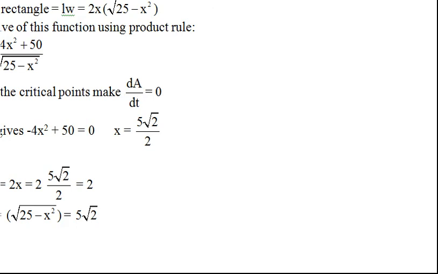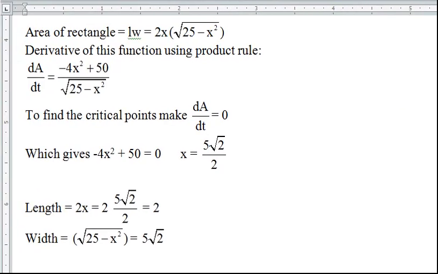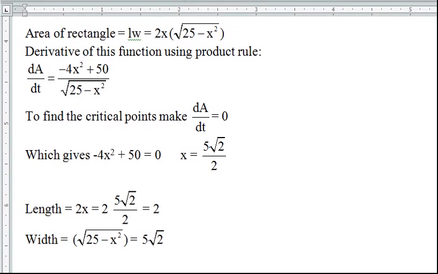Here was their fine work, that the area of the rectangle would be this. Take the derivative, set it equal to 0, setting the numerator equal to 0 and solving for x, and noting that the length is going to be 2x, and the height would be that. So there's the solution, and there are some tips on explaining it.